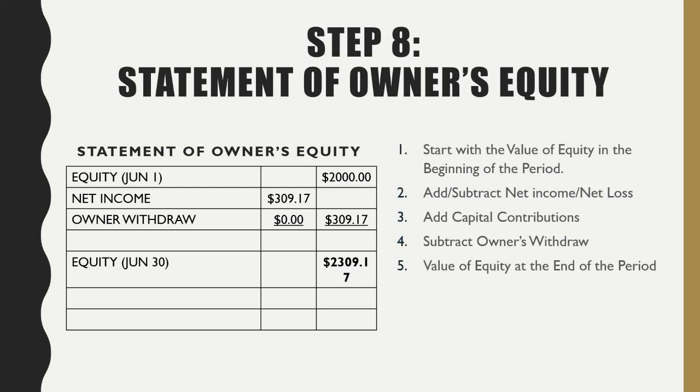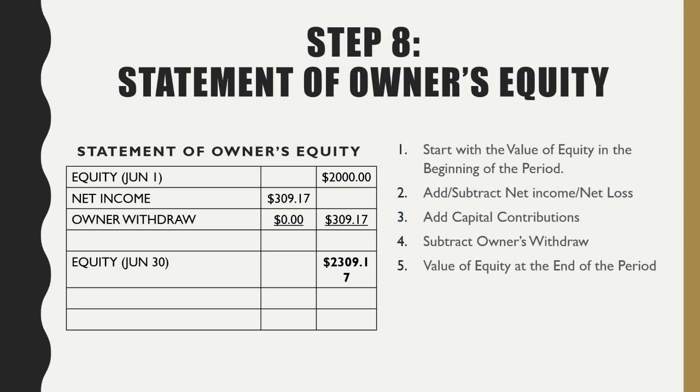Once we've done that, we're going to solve for the difference between the net income or net loss, capital contributions, and owner's draw. If it's a positive number, you add those numbers together.